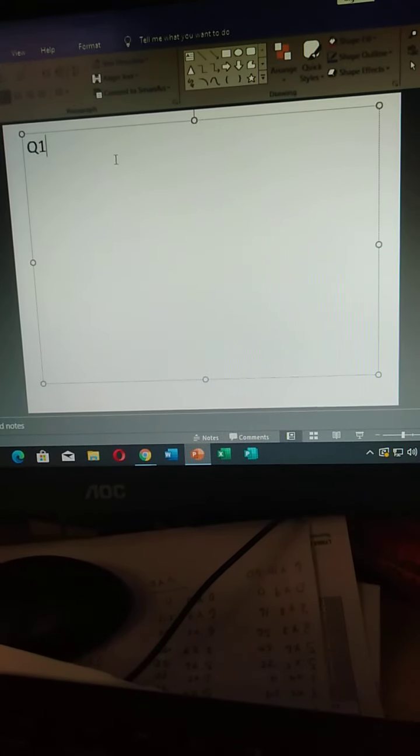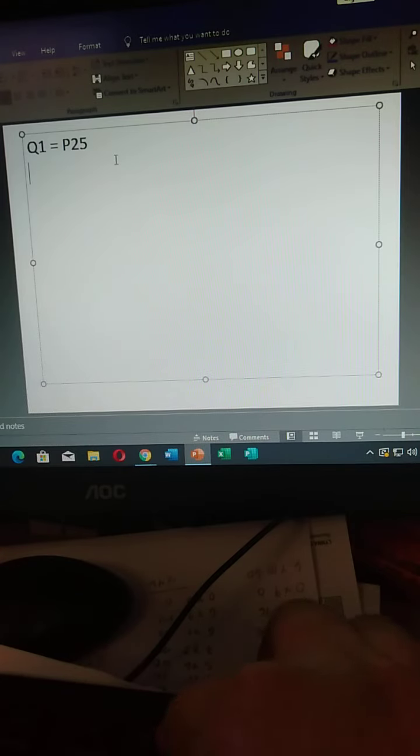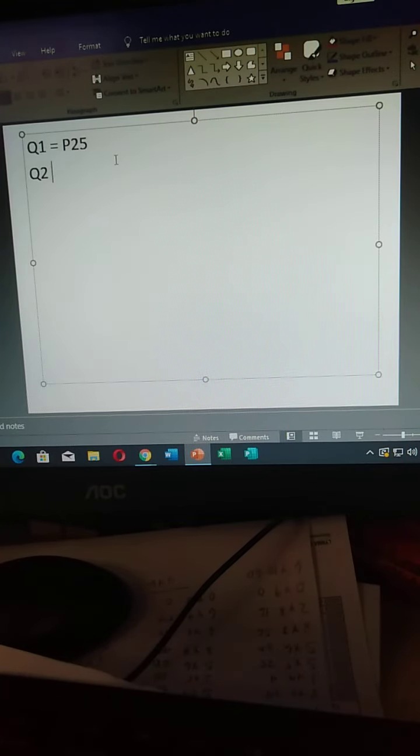Q1 is equal to P25. Q2 is equal to P50. Q3.